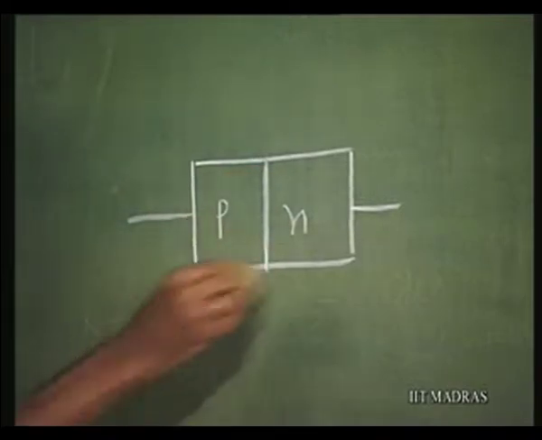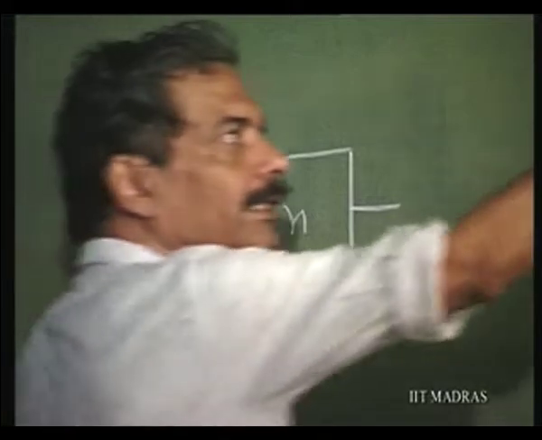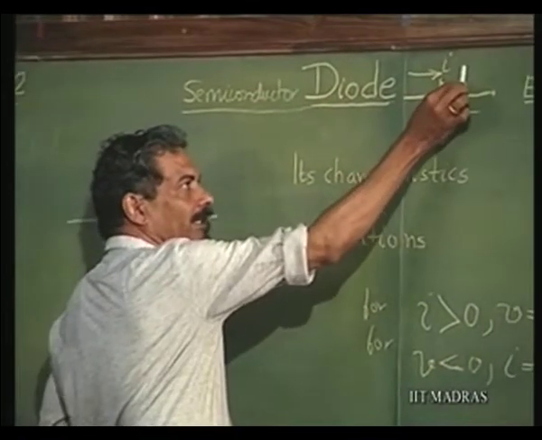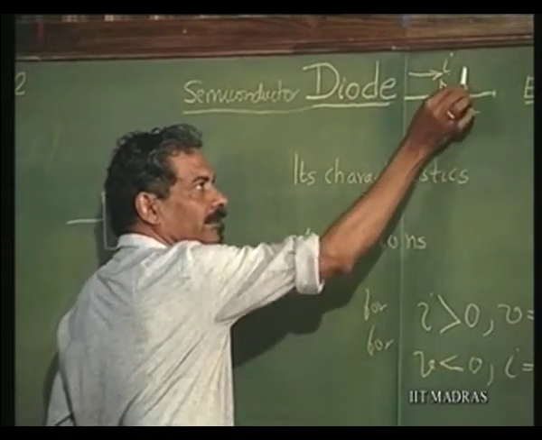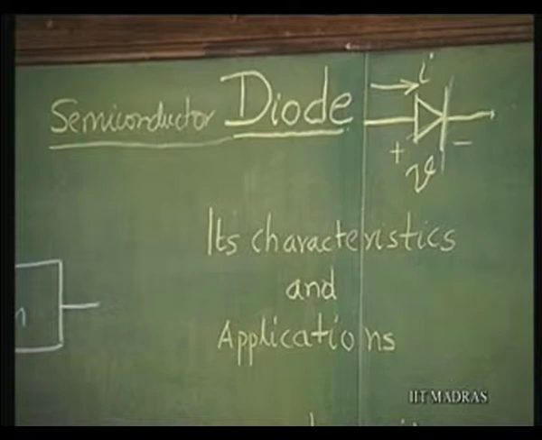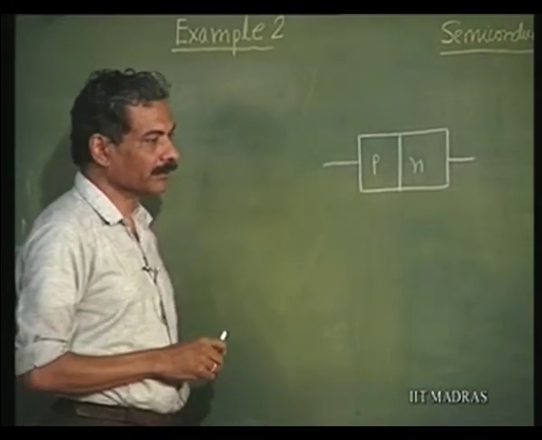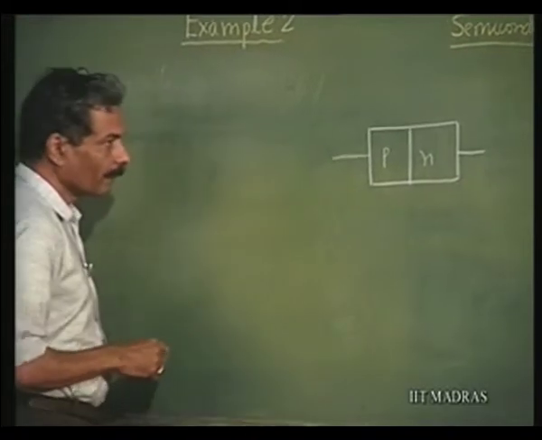This has the property that it will allow current to flow in one direction and block current in the opposite direction. This is the block symbol, right. So, this is what it is going to do. Its property is such that it is allowing current in one direction and will block current in the opposite direction.